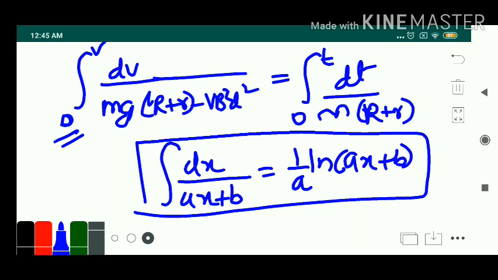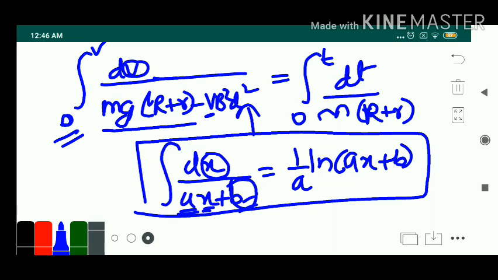Just learn this equation by heart. This is an integration formula. So here, compare this term with this one. This b term is a constant term which doesn't have any function, guys. And a is with x, here x is v.